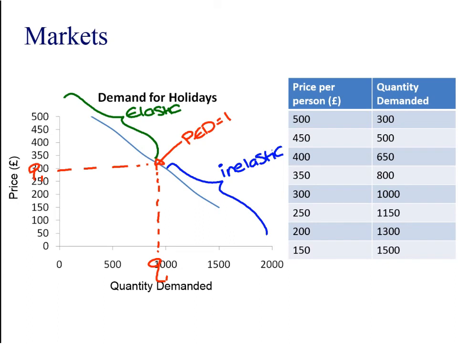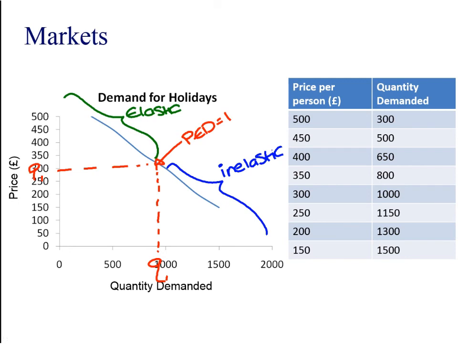But elasticity actually alters along the line. So at some point in the middle of the line, PED is actually going to equal 1, actually -1, but 1. Above that point, demand will be elastic, and below that point, demand will be inelastic. The quantity demanded will be inelastic to a change in price.